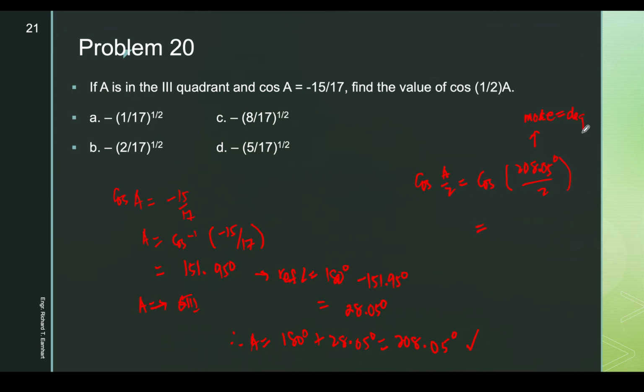Okay, because from the last problem we set the mode to radian, so set again the mode to degrees, and we expect the answer to be negative 0.2425. Okay, so among the choices, this is equivalent to negative of square root of 1 over 70, no? So that is letter A.